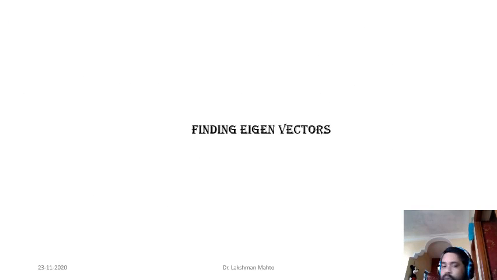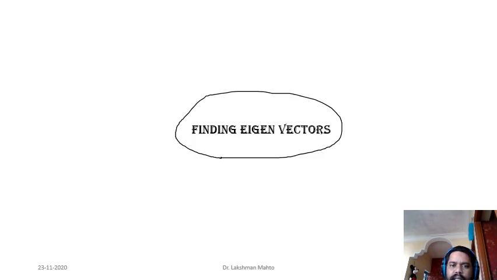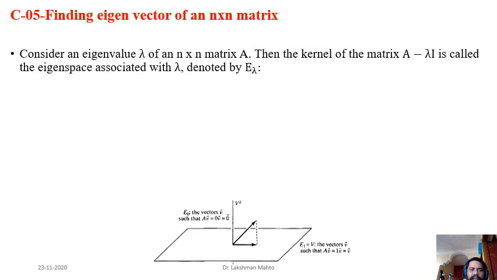Coming to the main part of today's lecture, I had mentioned that today I will discuss finding eigenvectors, how we can find an eigenvector. I had already discussed how we define an eigenvector if we have an n by n matrix. An eigenvector is a very special kind of vector: if we apply the matrix to that vector, it doesn't change its direction. It does at most a scaling.